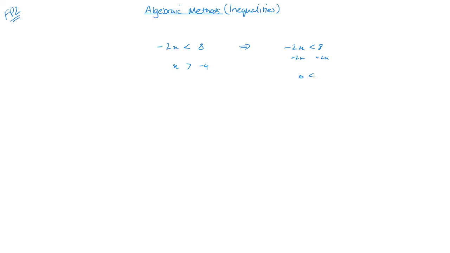I get 0 is 2x plus 8. Then if I take away 8 from both sides, I get -8 is 2x, and x is -4. So x is greater than -4, which is what we've got here. So dividing, and the same with multiplying by a negative number, changes the sign.